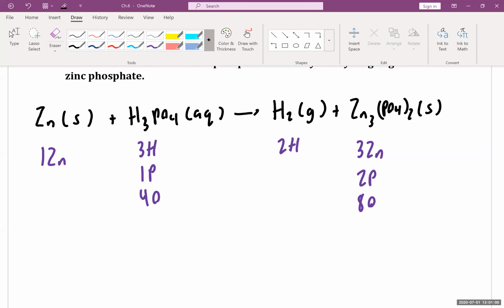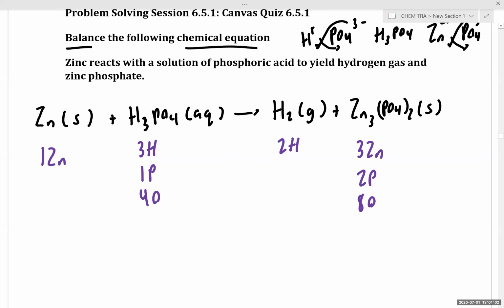So we'll leave our isolated elements for last. And let's start by balancing an element that's found in a compound that is not balanced. So let's focus on phosphorus for now. We have 2 phosphorus atoms on the right. We need 2 on the left.